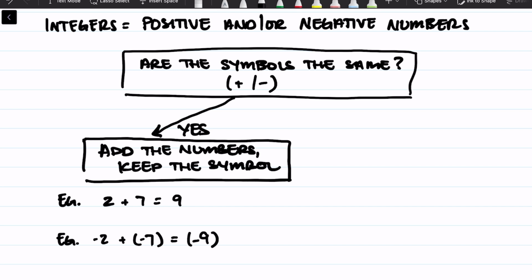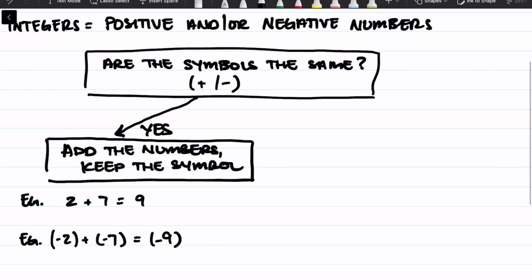Now, sometimes if a number starts off as a negative number, you don't always have to have the parentheses. But if you want to play it safe, we could always just write the parentheses in front of any negative number. That should help you better separate it than having a minus sign. All right, so the question though is, what happens when they are not the same?